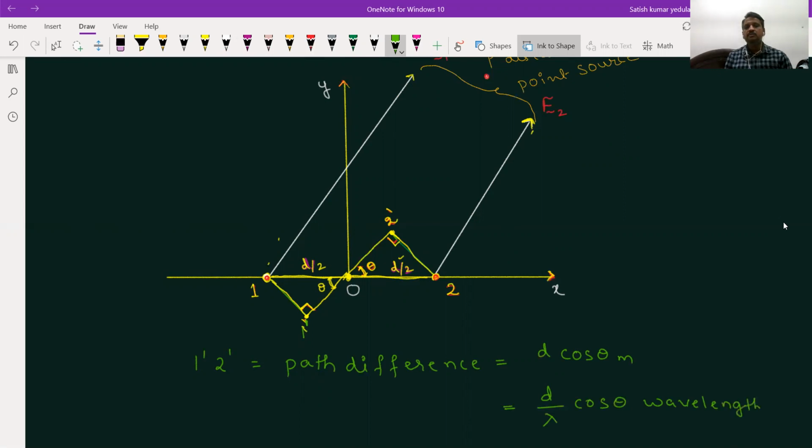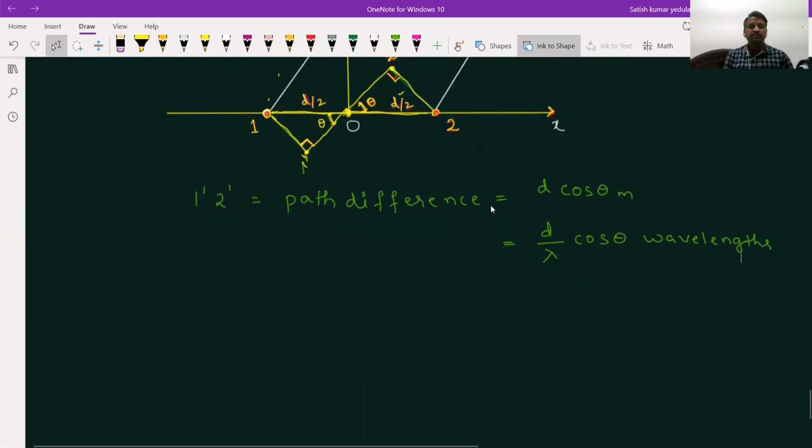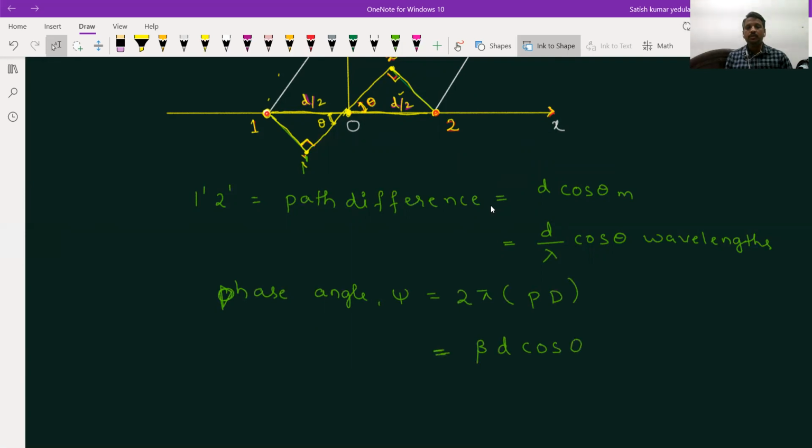From this we have got the expression for phase angle or phase difference, which is denoted by psi, which is equal to 2 pi into path difference, and we ultimately get the expression for that as beta d cos theta.